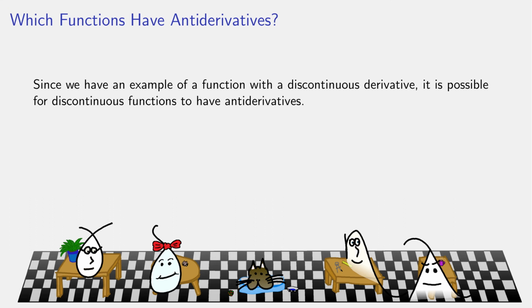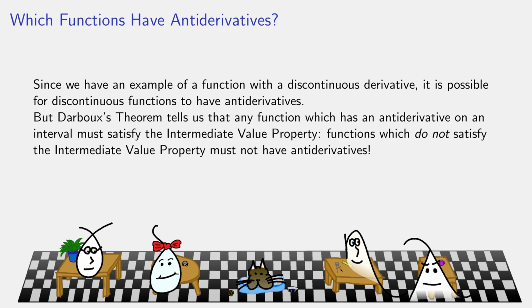Since we found a function whose derivative is discontinuous, there's a discontinuous function that has an antiderivative. It is totally possible to antidifferentiate discontinuous functions, but not functions that fail to satisfy the intermediate value property. Darboux's theorem tells us derivatives satisfy the intermediate value property. So if you draw a picture of a function that doesn't satisfy the intermediate value property, it cannot be antidifferentiated on that interval.